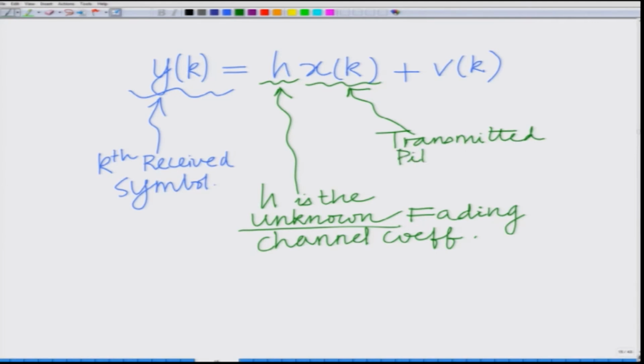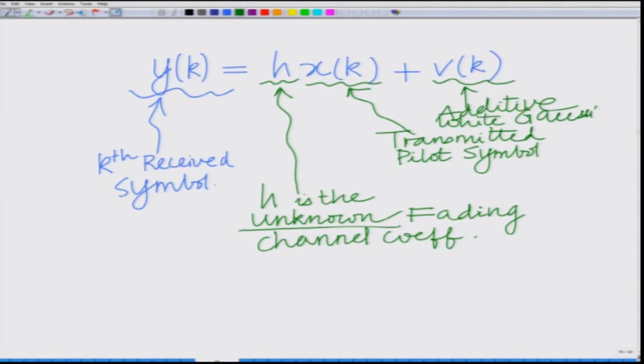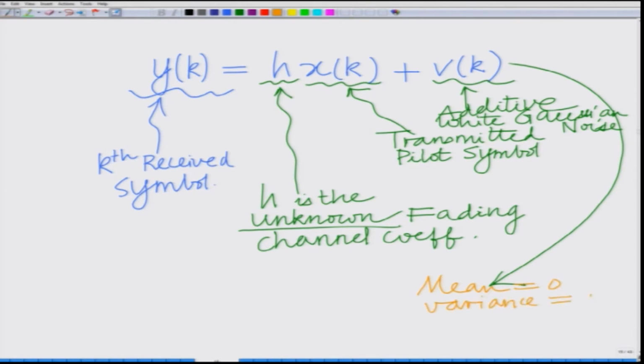So this is the kth transmitted pilot symbol, and vk is the additive white Gaussian noise. This additive white Gaussian noise has mean equal to 0 and variance equal to sigma square.